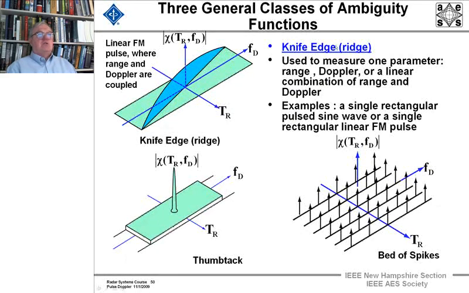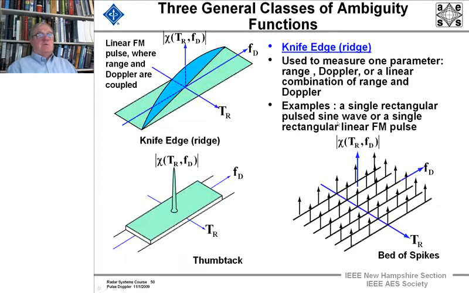Now for the knife edge, the ridge type, right here, here's the linear frequency modulated pulse where range and Doppler are coupled. And the knife edge, the ridge, is used to measure one parameter, range, Doppler, or a linear combination of range and Doppler, depending upon the orientation of the ridge.